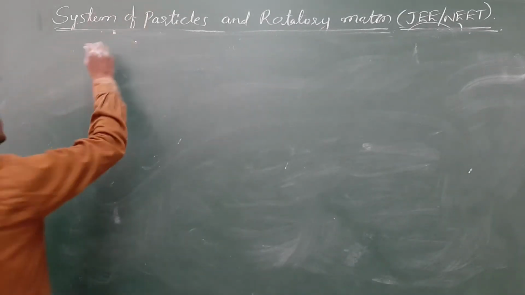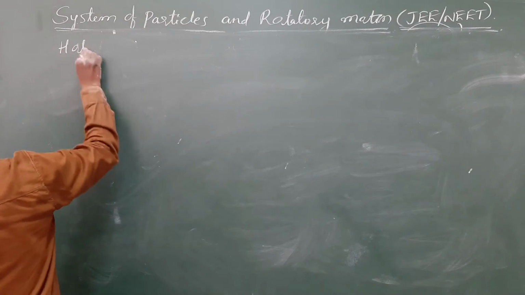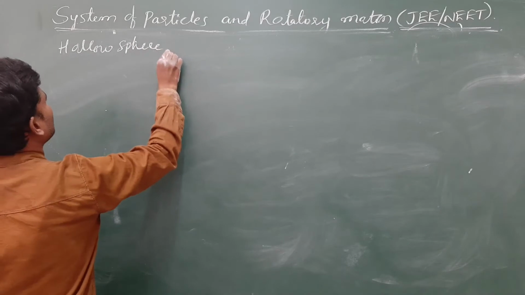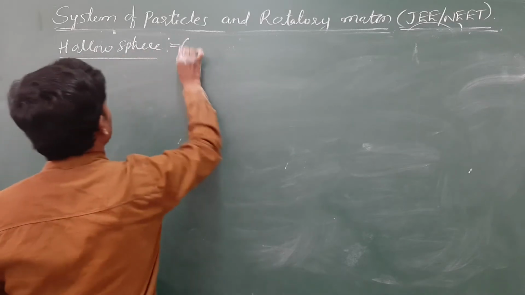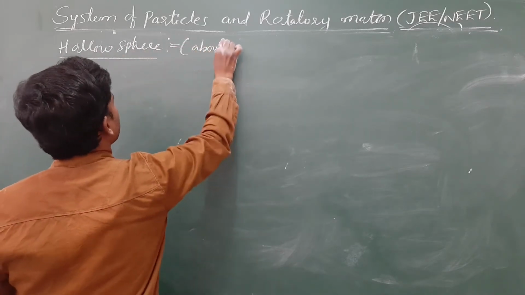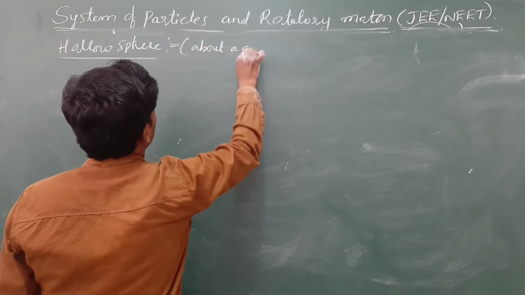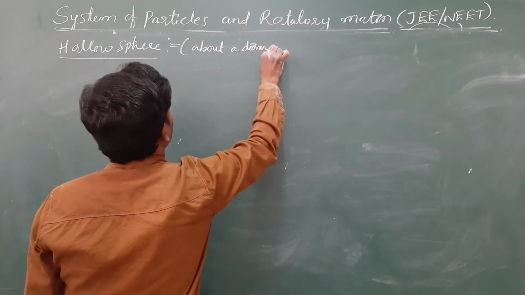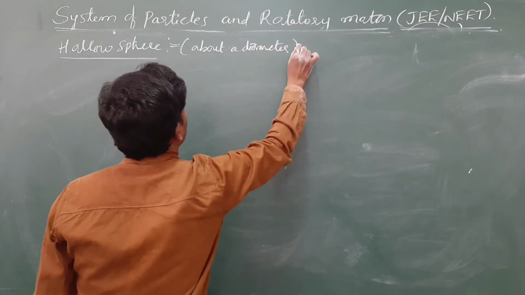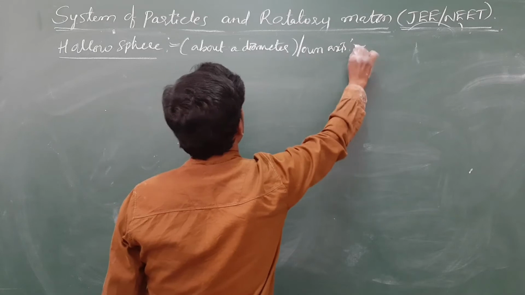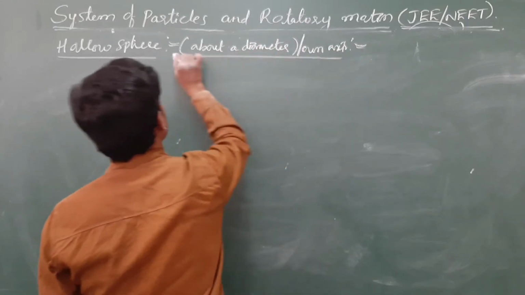Moment of inertia of a hollow sphere about its own axis or about a diameter. Whatever line passes through the center, that is a diametrical line. Own axis is nothing but passing through the center.